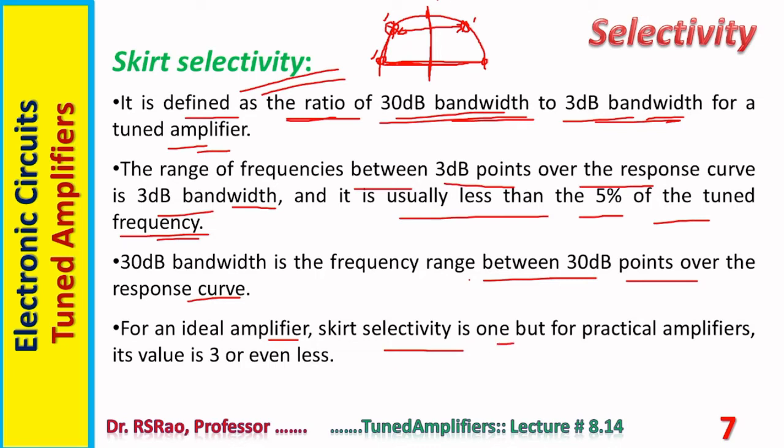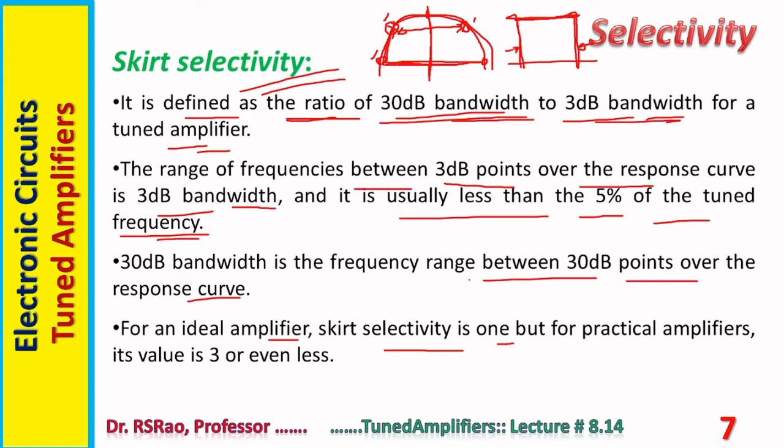What is an ideal amplifier? This is a practical amplifier, of course, a bell curve. An ideal amplifier is one for which the response curve is like that. It is like a rectangular pulse. Gain is uniform, independent of frequency. This is the lower cutoff frequency, this is the higher cutoff frequency.